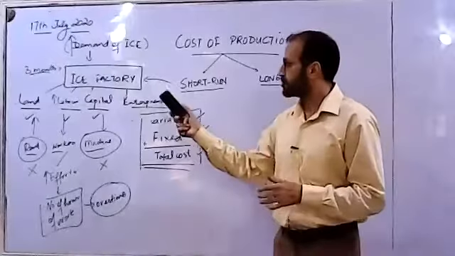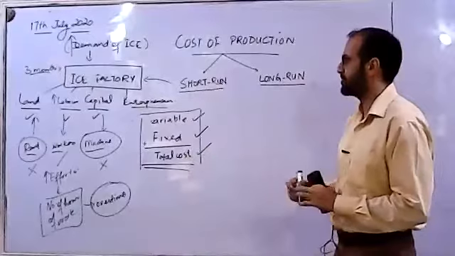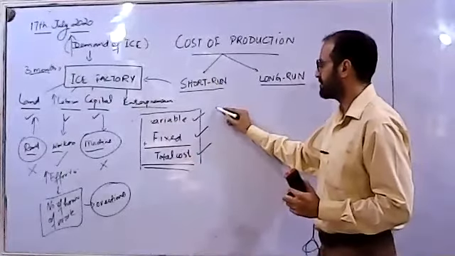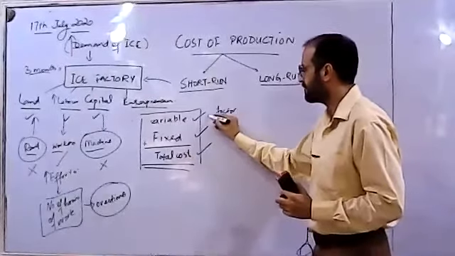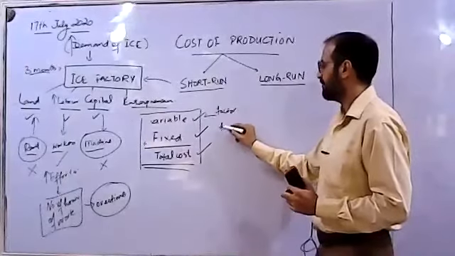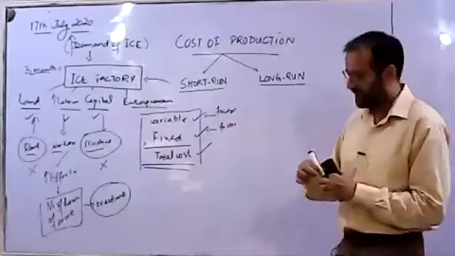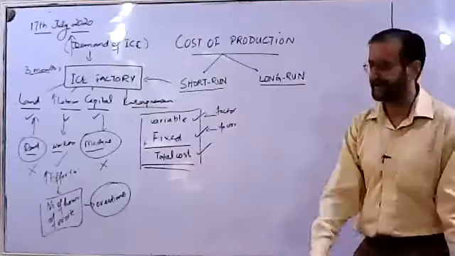So in the short run, what we learned from all this illustration is that there are some factors which are variable and some factors which remain fixed. You cannot change all of them due to an increase in your demand.